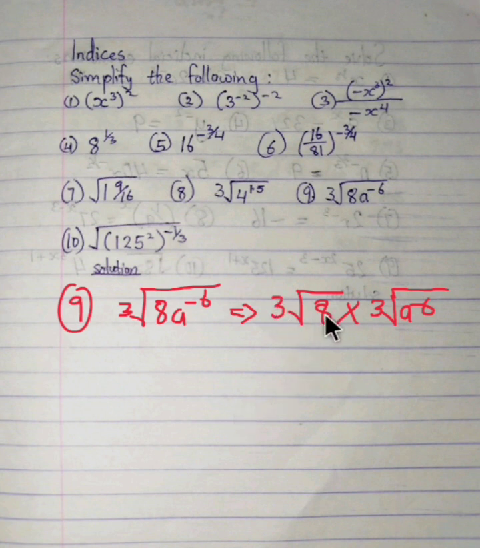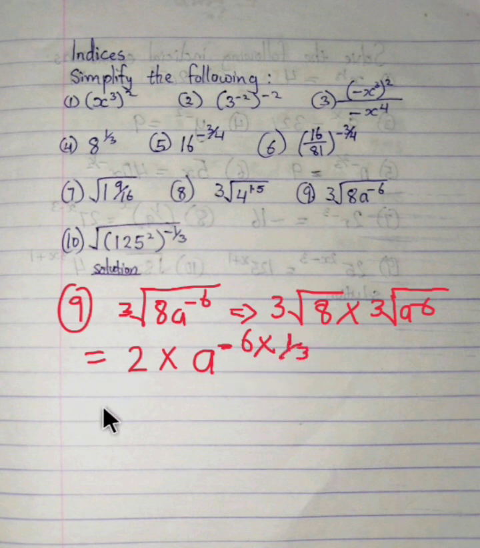So the cube root of 8 is 2. If you multiply 2 three times, you are going to have 8. Also, the cube root of a raised to minus 6 can be written as a raised to minus 6 times 1 over 3.